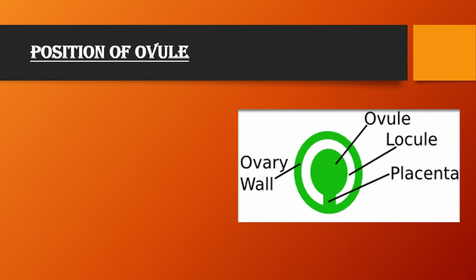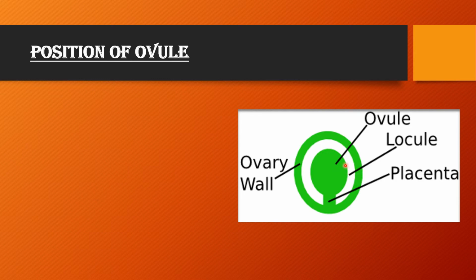You can see in the diagram that at the central position of each ovary there is one circular structure which is called ovule, and these ovules are connected with the wall of ovary with the help of one connection which is called placenta, and the space between ovule and ovarian wall is called locule.